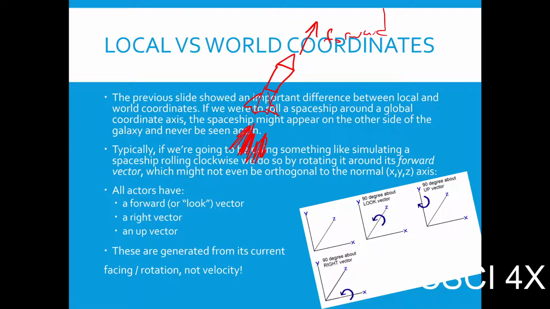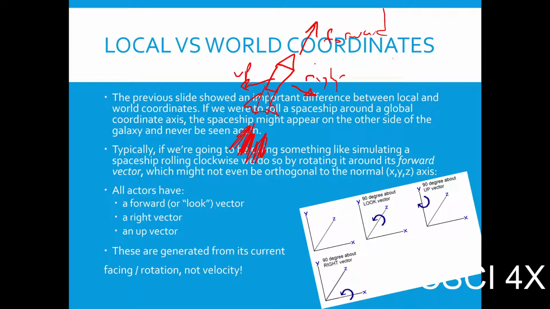And then you've also got the right vector, which is the direction to the right of it. And then you've got an up vector that's coming up out of the screen. Every local coordinate system has an origin, and it has its own X, Y, and Z, representing forward, right, and up.